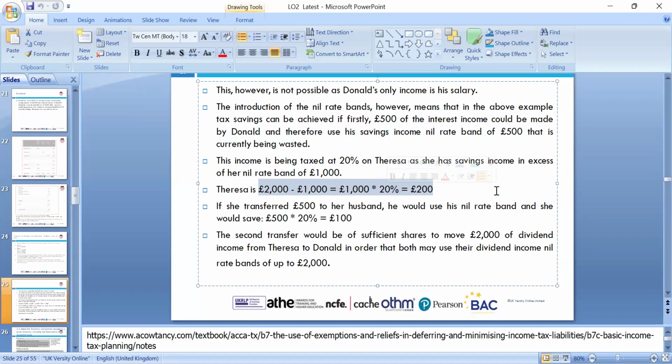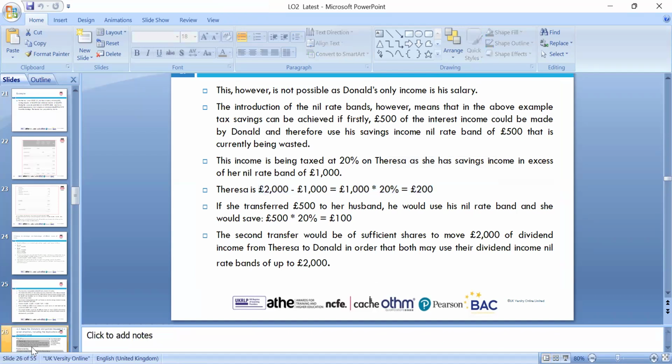The second transfer would be to move 2,000 of dividend income from Teresa to her husband, and then both use the dividend nil rate up to 2,000. We can transfer accordingly.